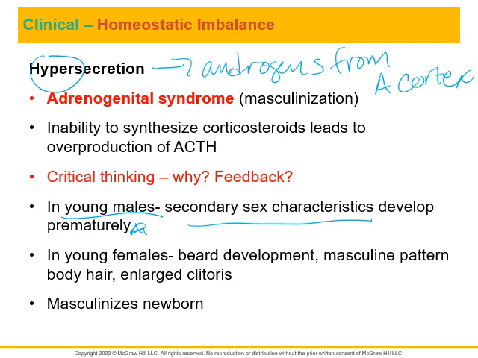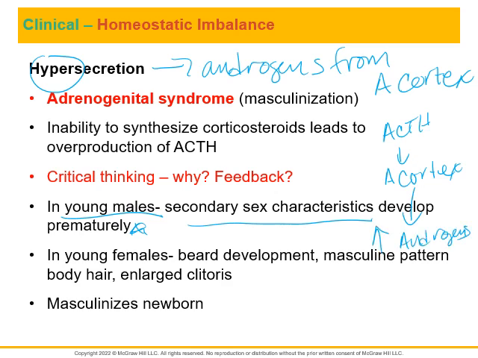You'll also sometimes, when we talk about inhibition and some of the factors that drive these, remember if you're putting out too much hormone, then it's going to go back and inhibit whatever's telling it. So remember, ACTH is going to trigger the adrenal cortex, and then the adrenal cortex is putting out these androgens.